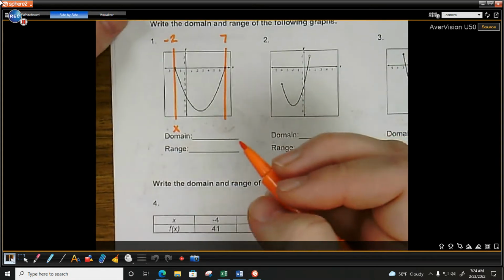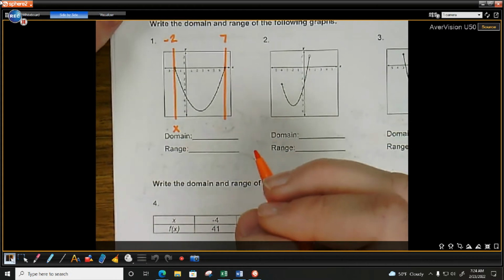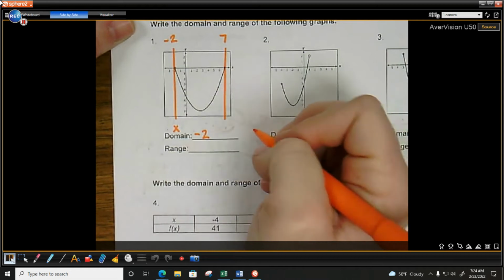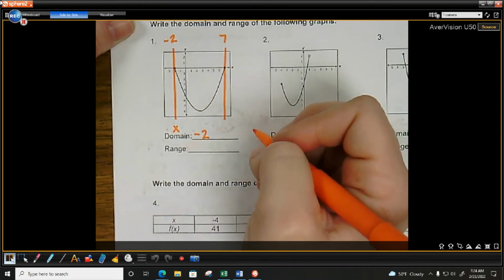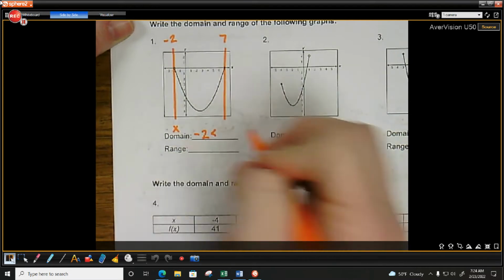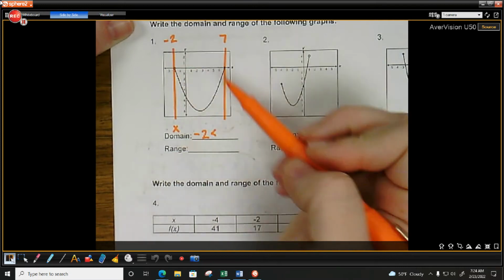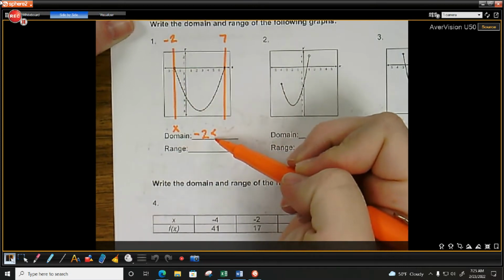Whenever we write our domain for our continuous functions, it's small to big. So -2. All small numbers are what compared to big numbers? Less than. What kind of dot do I have at -2? Do I put the equal to if it's an open dot? No. Okay?